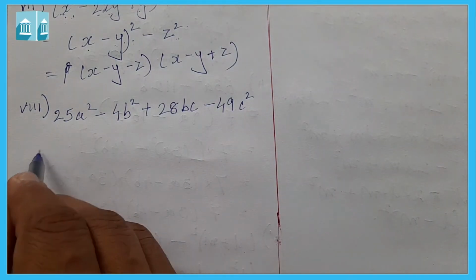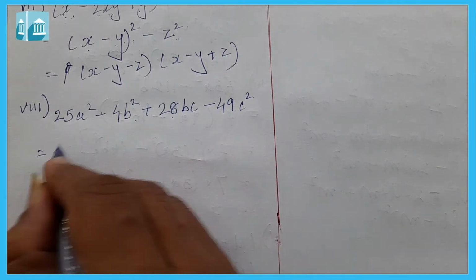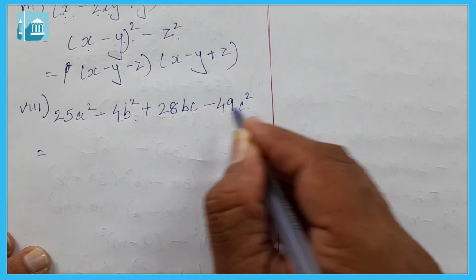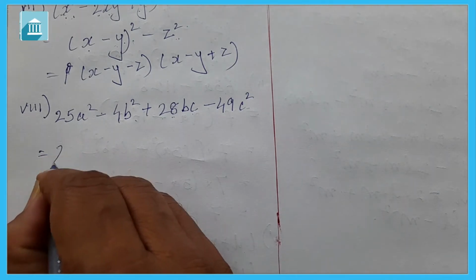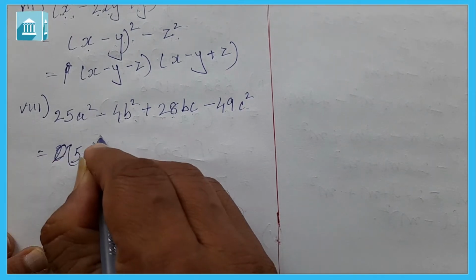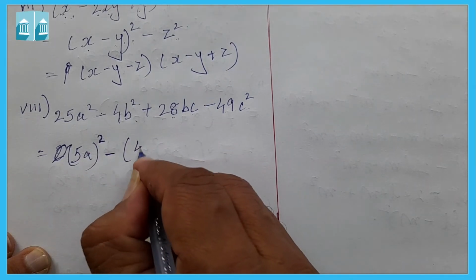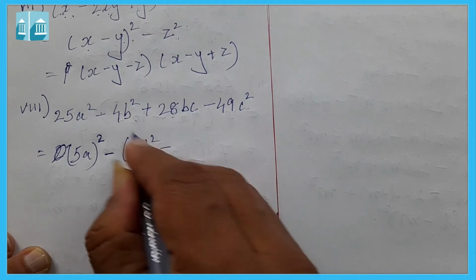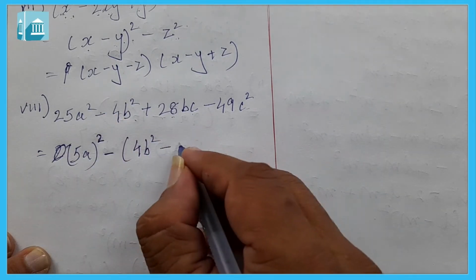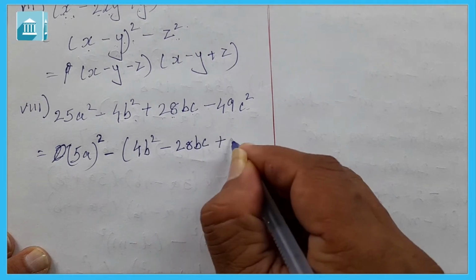Now if we do like this, this can be written as (5a) whole square minus, if you consider this as 4b square. So if you take out minus common here, then it will be minus 28bc plus 49c square.